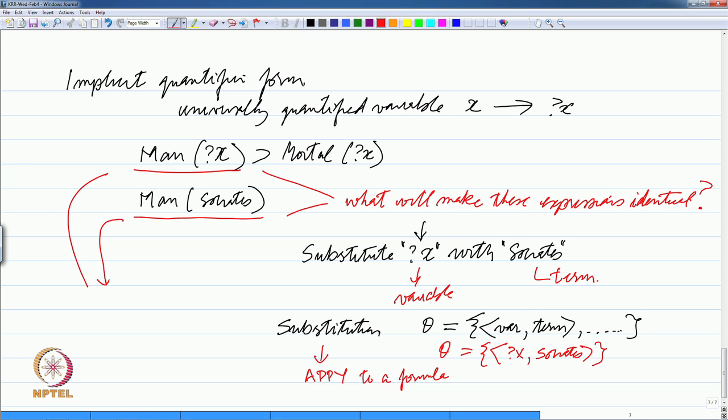So, remember a substitution is a list of variable value pairs, and we apply this to get a new formula. Once we do that, we can directly infer mortal Socrates.